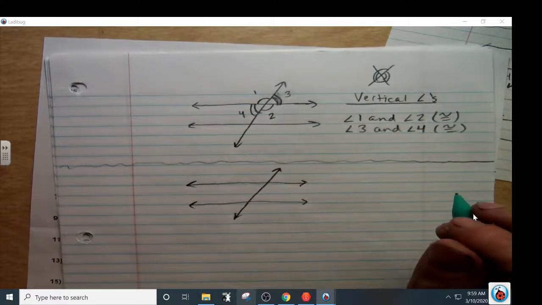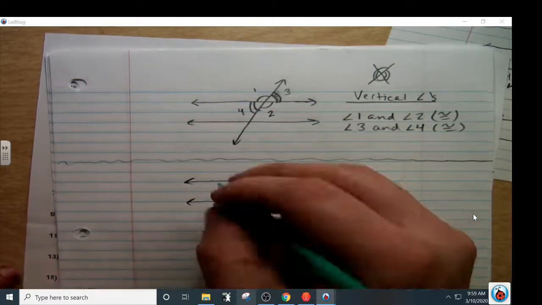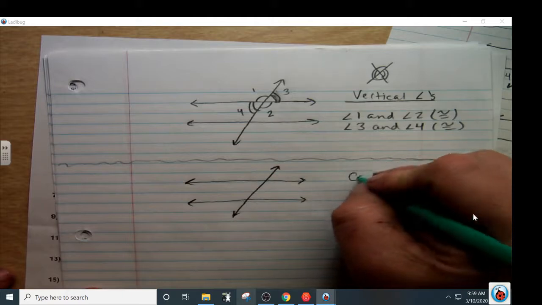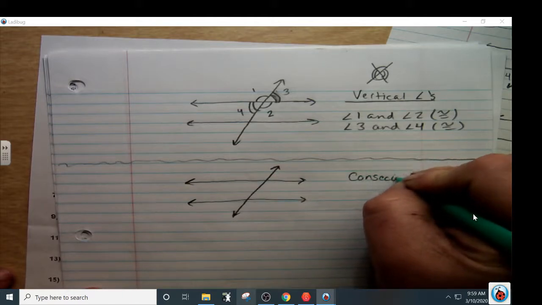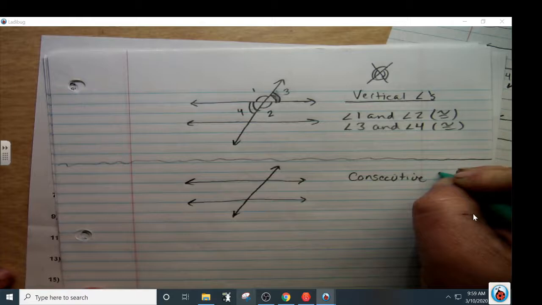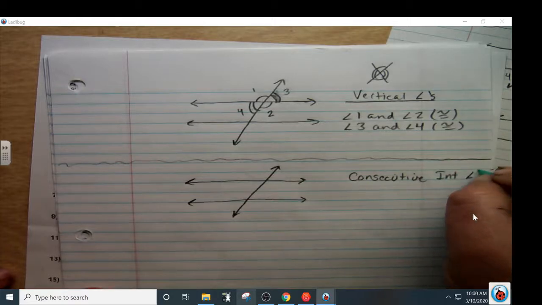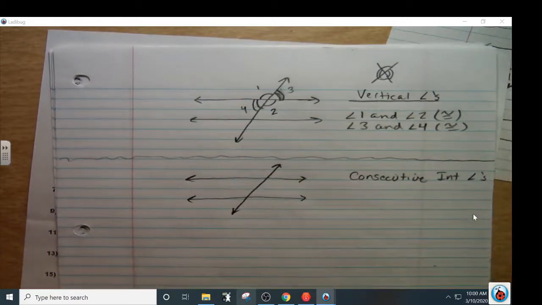Now, guys, the next thing we're going to talk about are consecutive interior angles.